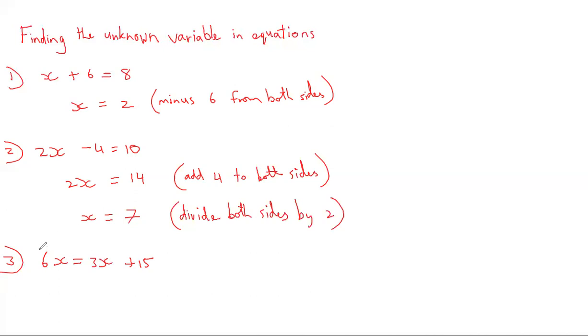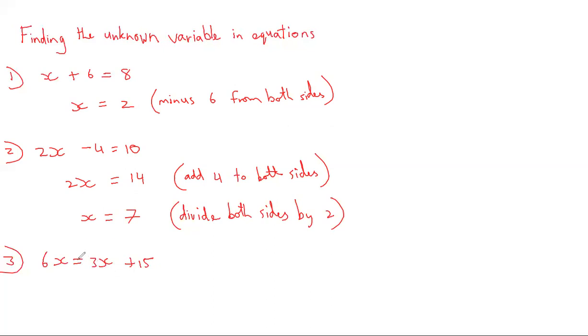We only want x terms on one side of the equation. Remember, whatever steps you take must lead you closer to finding x by itself. So yes, only having x terms on one side of the equation would get me closer to finding x by itself. So how do we do that?